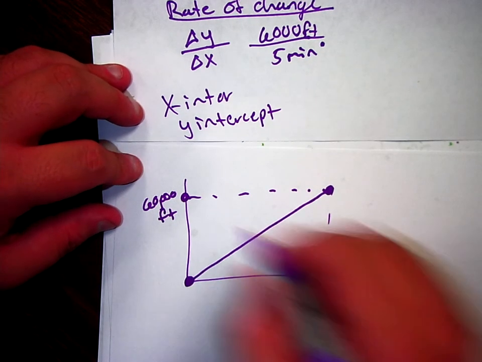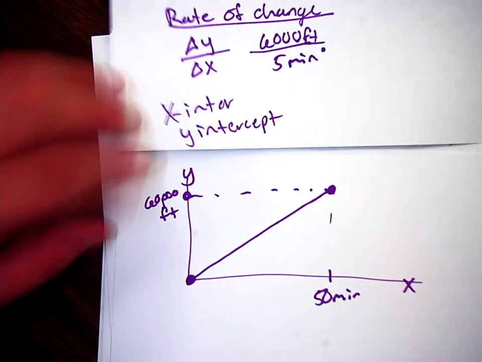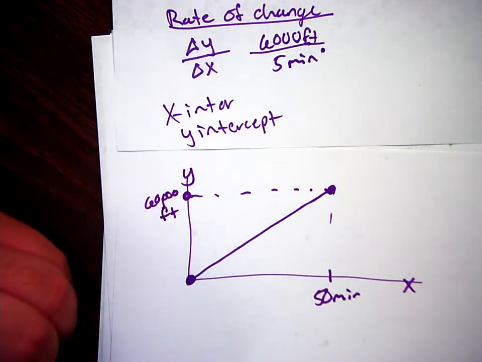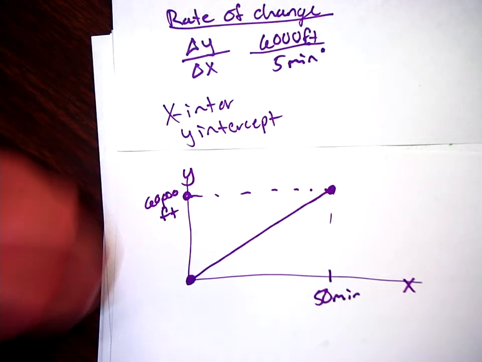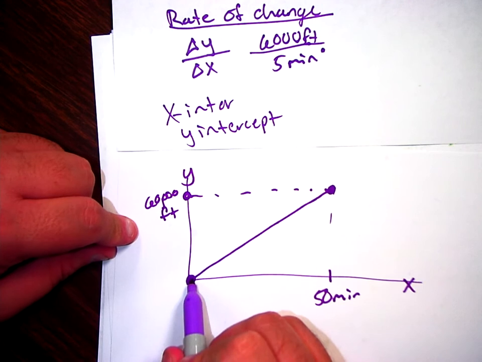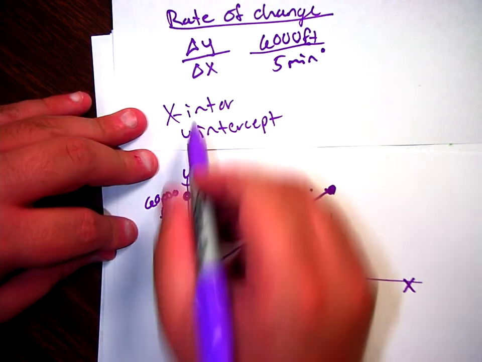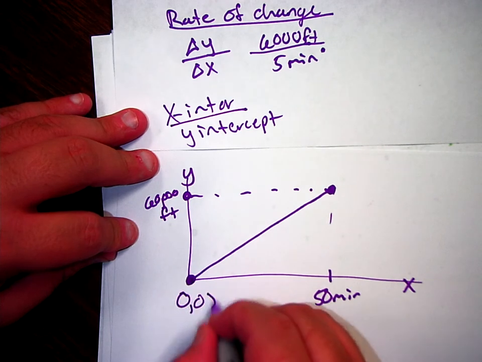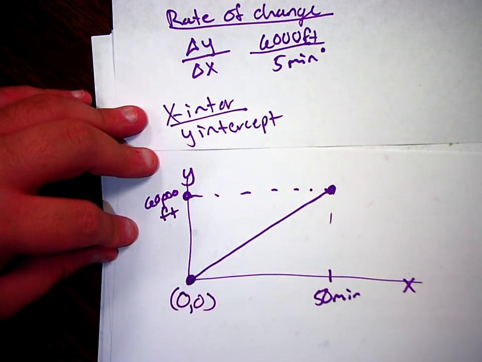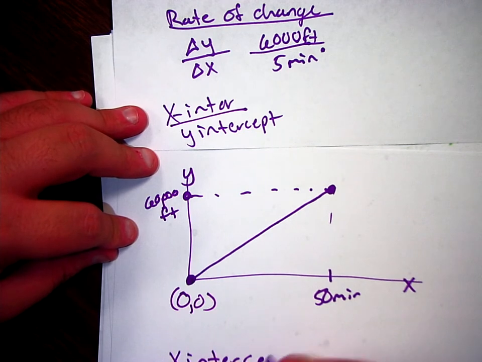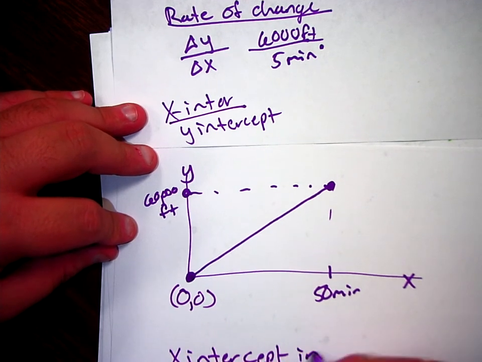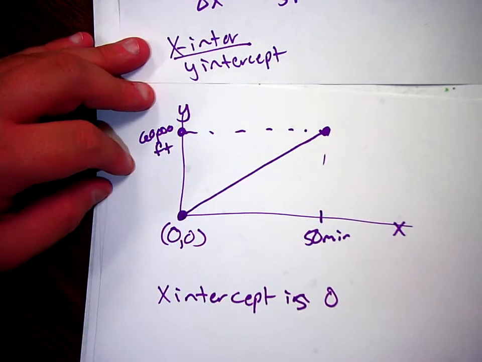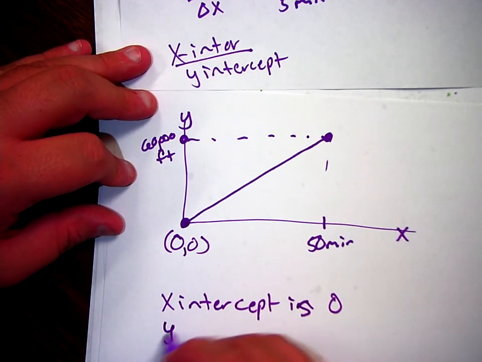This, of course, is the x-axis, and here's your y-axis. Where does this thing touch the x-axis? Right here. That's your x-intercept, and it's the point 0, 0. That's the origin. So our x-intercept is 0. Now, where does it touch the y-axis?